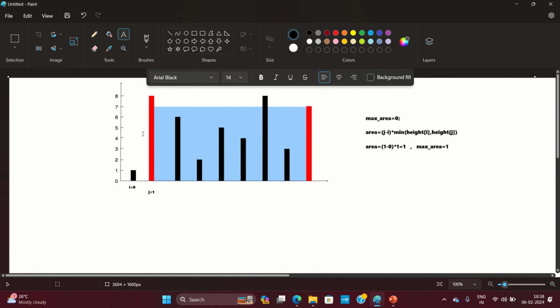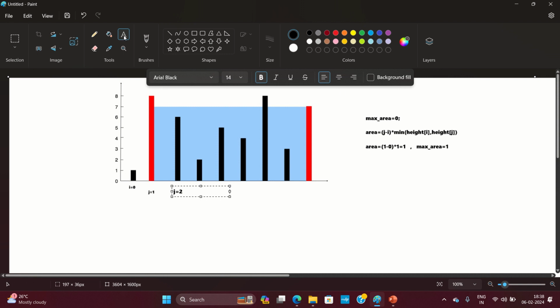Similarly, when j is equal to 2, in that scenario, 2 minus 0 is 2, and the minimum among this height and this height is, of course, height of I, that is having a height of 1. Therefore 2 into 1, that is 2.